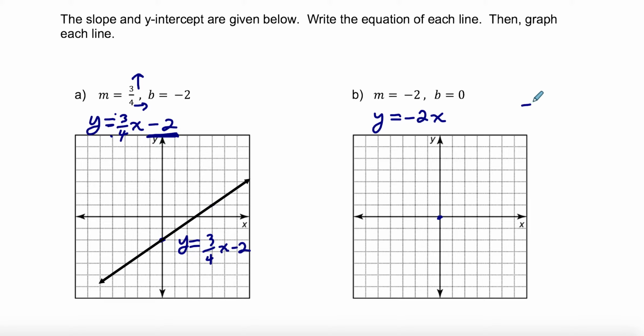So if you don't have a rise and a run, remember you always make it a 1. That means you're going to go down 2 and over 1. So down 2 is the slope, -2 over 1. You always need a rise and a run. And you can see me repeating the pattern because I need this line to go straight.